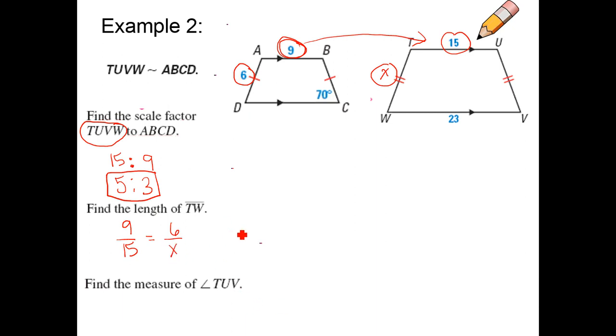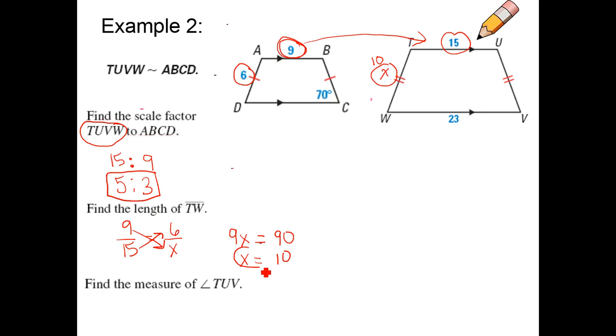Now if I cross multiply, I'd get 9x this way. 15 times 6. Let me get my equal sign back there. 15 times 6 is 90. Divide by 9. And we'd end up with 10. So this measurement right here would be 10.